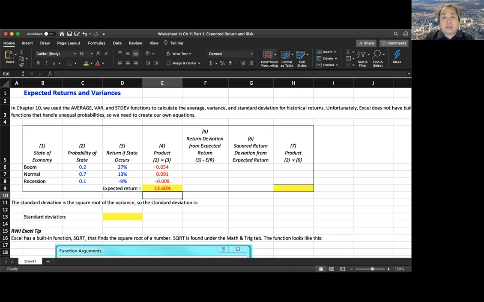And when you find standard deviation, we need to calculate variance first. Column 5 will be deviation from expected returns.